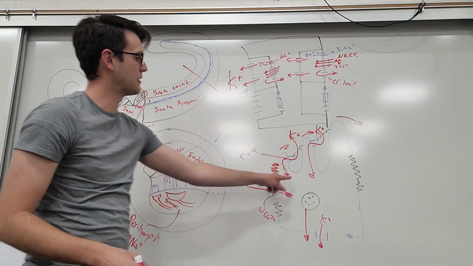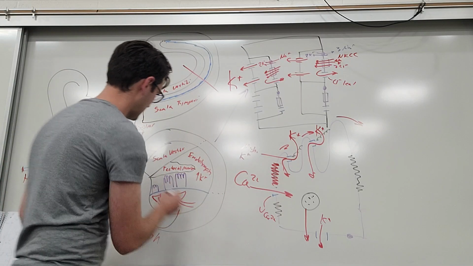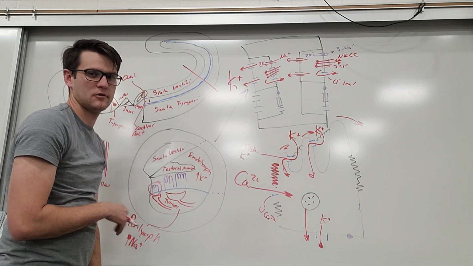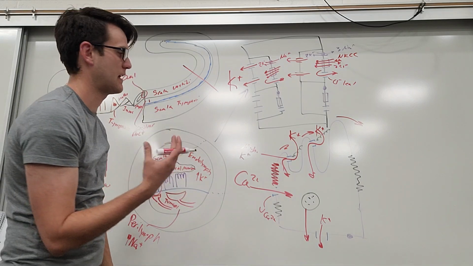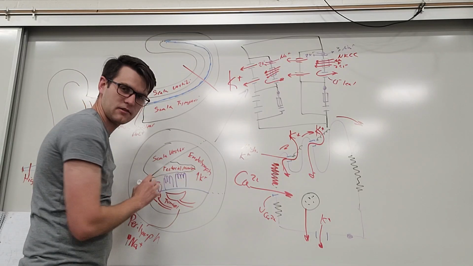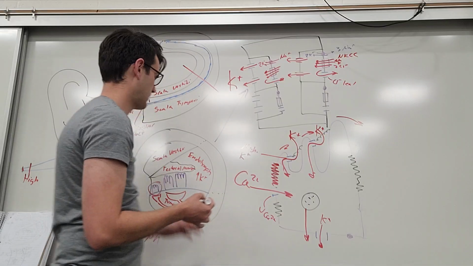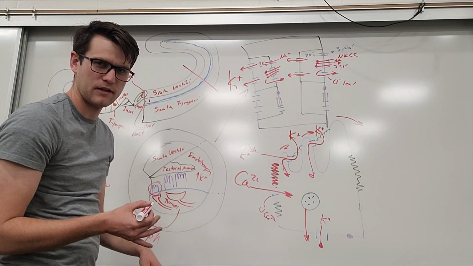Now, this would be our inner hair cell. It's going to be this one here, which detects the hearing. These outer hair cells do what's called regulation, okay? So that's what causes more of our selective hearing.